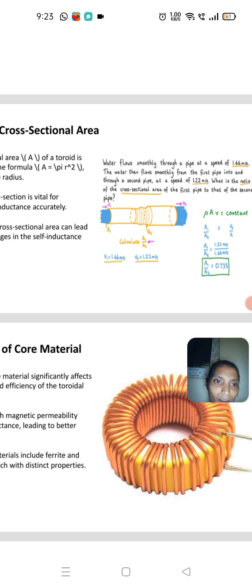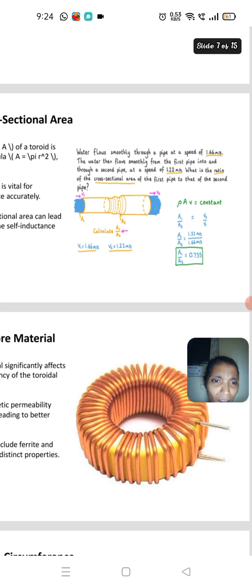So we have to find the ratio of the cross-sectional area of the first pipe to the second pipe. There are two pipes, and we apply the formula of a1 by a2. v1 equals 1.66 meters and v2 equals 1.22 meters.